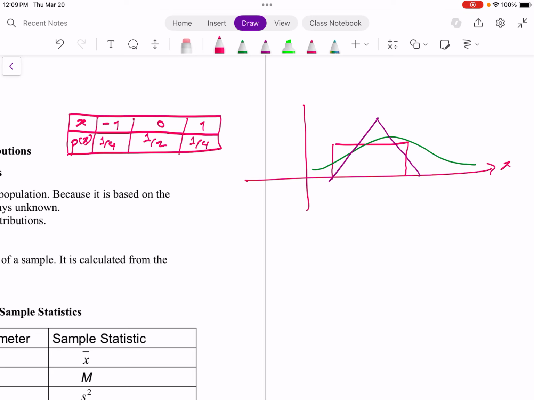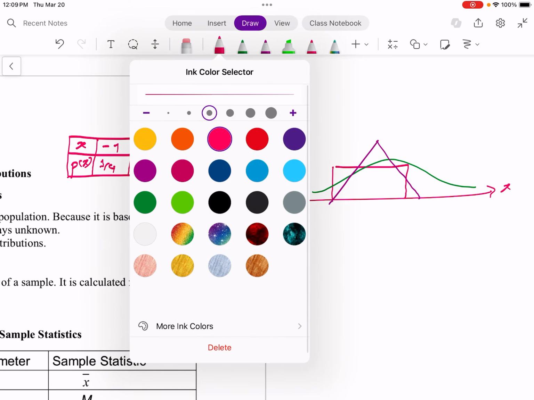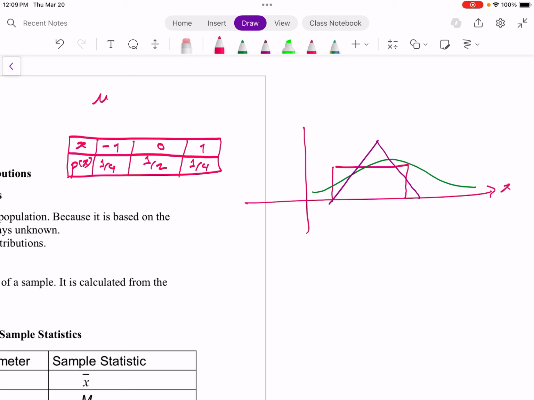Now for each probability distribution, we also calculated the mean of each distribution, right? So we calculated mu, which is the mean. And what is the other name for the mean of a probability distribution? We call it the expected value, right? So this mu is the same as the expected value of x.